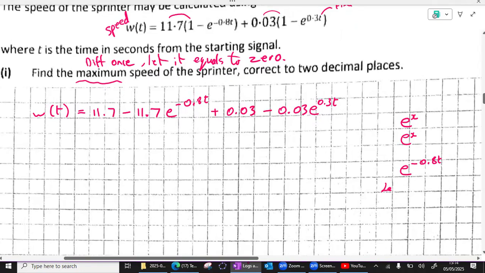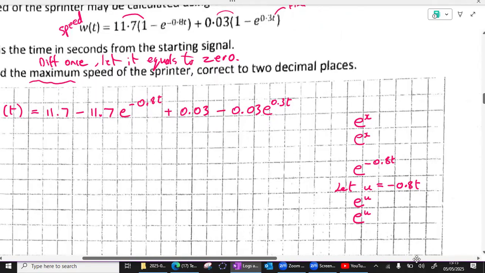So if I let u equal the complex part, then I can figure out e to the u. When I differentiate e to the u, it just becomes e to the u. But we also have to differentiate the u part. So du/dt gives me negative 0.8.